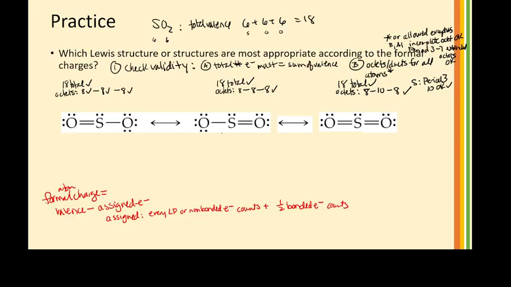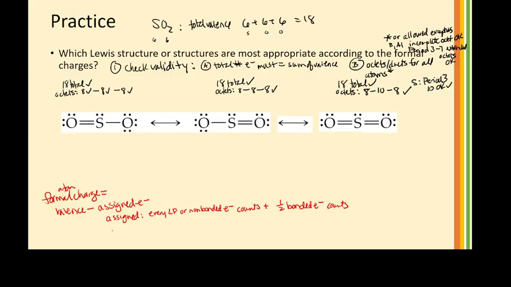Because if I'm assigning these now, there are only 2 electrons in this bond. And thus, when I break it back up to assign it for formal charges, I would assume one goes to the oxygen and the other one goes to the sulfur. So I'm only going to count half of each bonded electron.